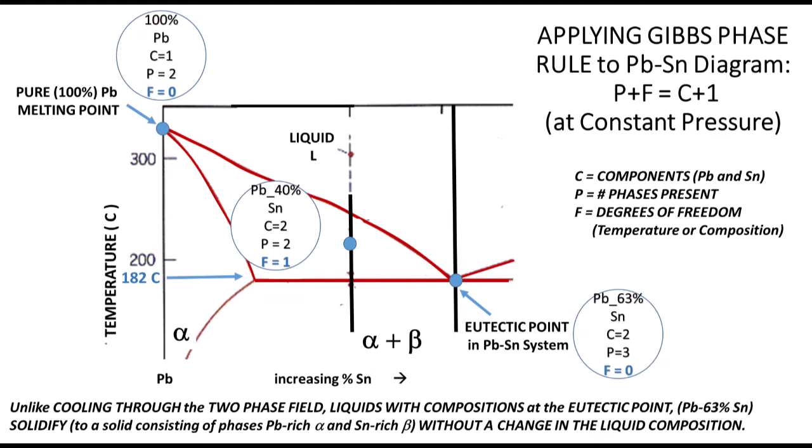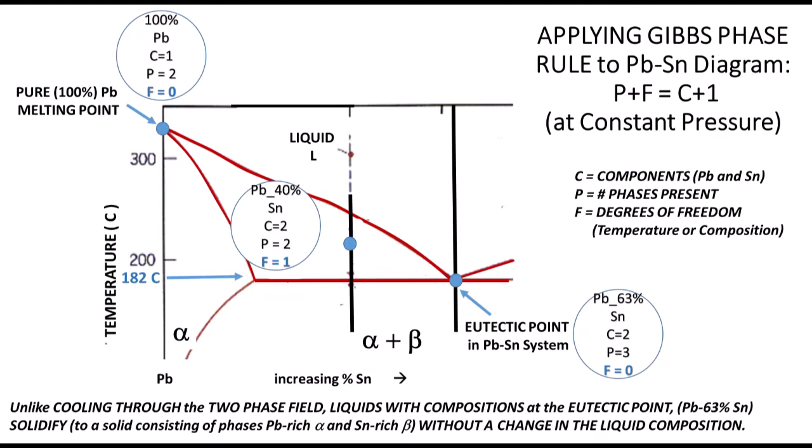At the eutectic point, all 3 phases coexist. Again, when we use Gibbs phase rule, it indicates that there's 0 degrees of freedom. What does that mean? That means that if we change either composition or the temperature, then the 3 phases no longer coexist.